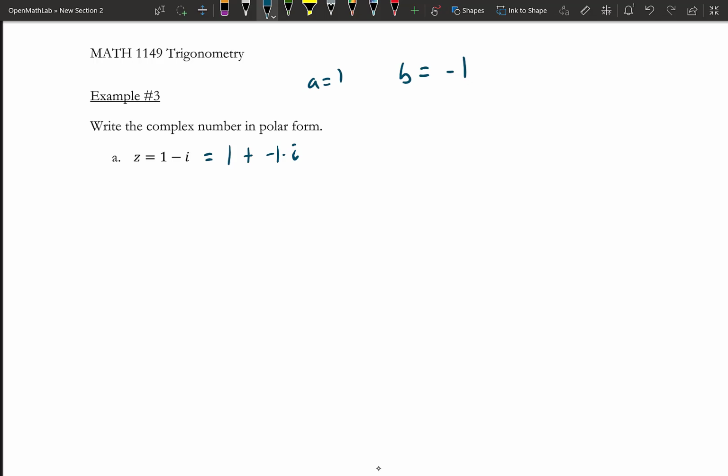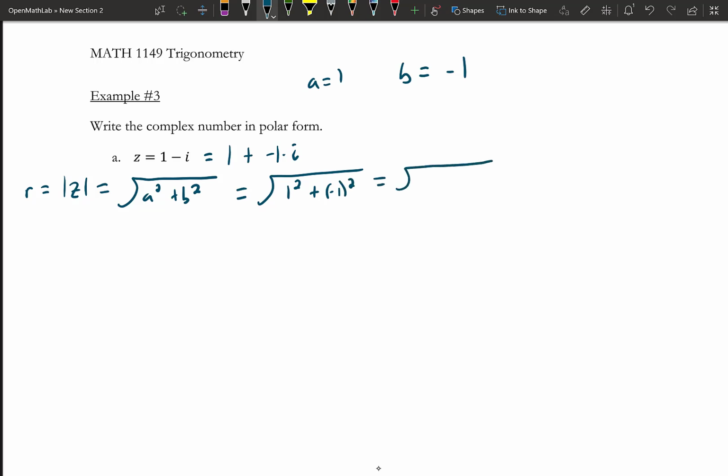So I'm going to need to know R. So R is equal to the modulus of z, which is equal to the square root of a squared plus b squared. So this would be the square root of 1 squared plus -1 quantity squared, which is the square root of 1 plus 1, because 1 squared and -1 squared are both 1.